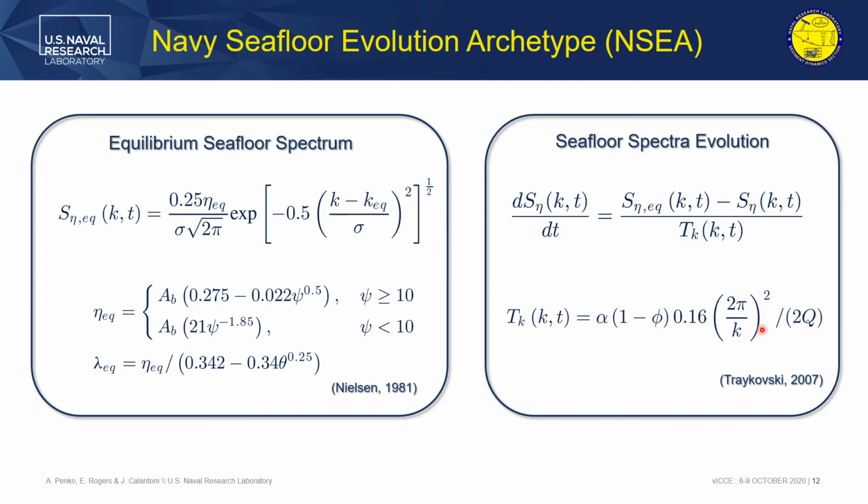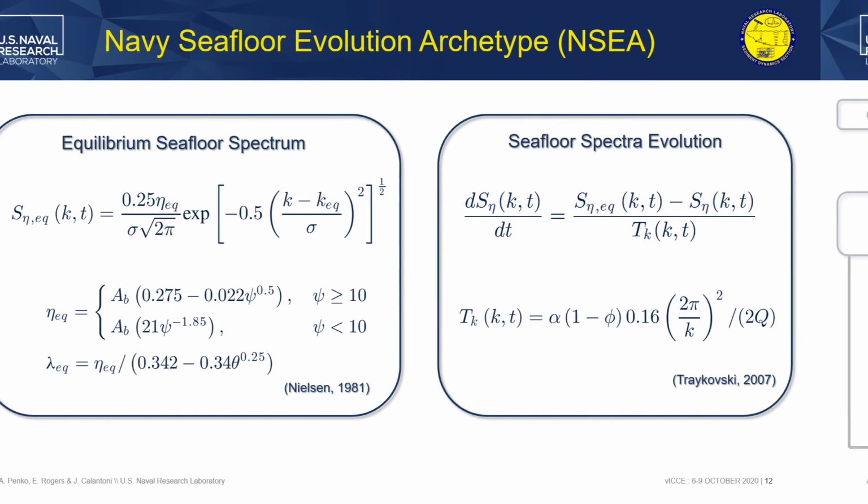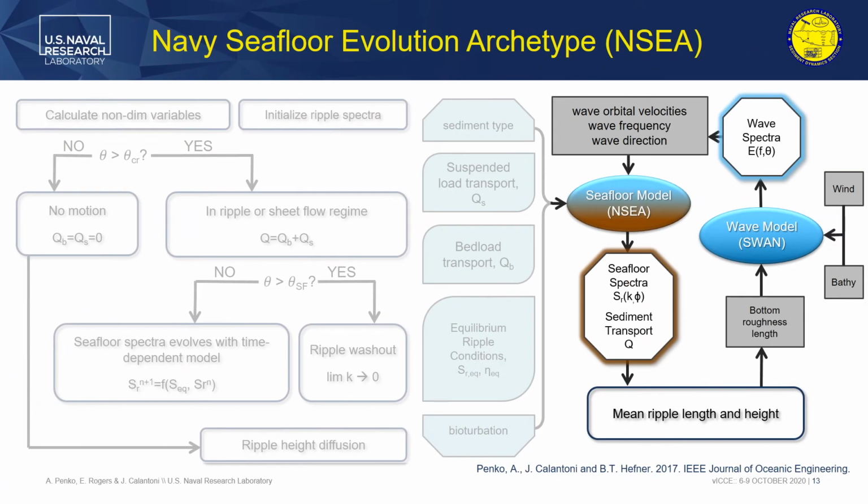So that means that smaller, shorter ripples under higher stresses change faster than larger ripples under low stresses. Using the spectral model allows for each wave number component of the ripple spectrum to evolve independently. So that's NSEA in a nutshell.